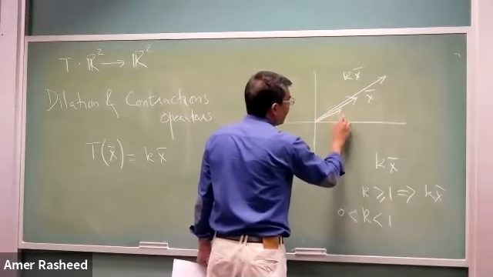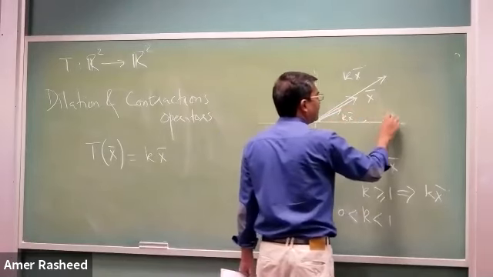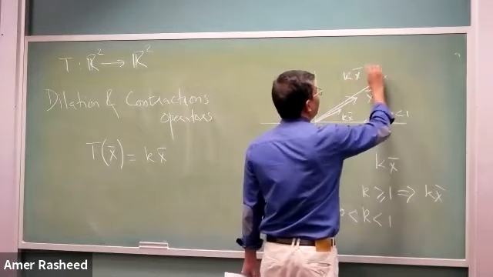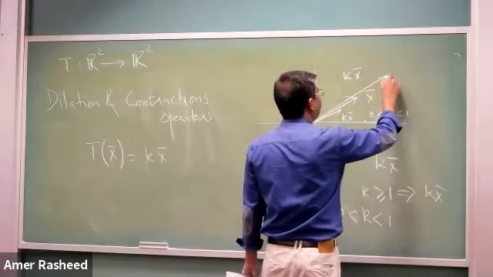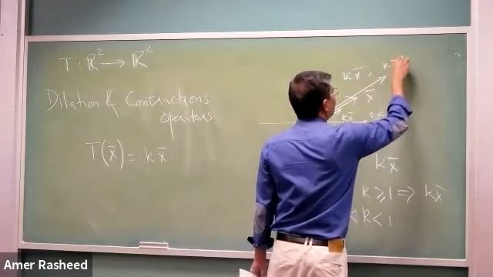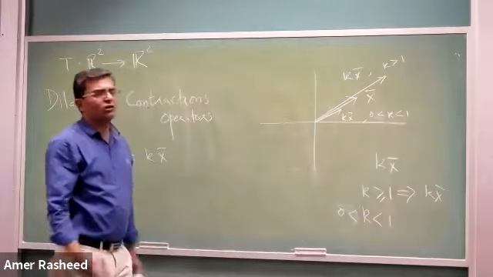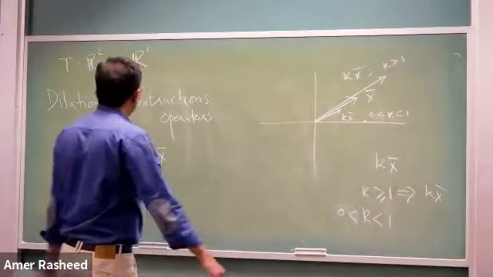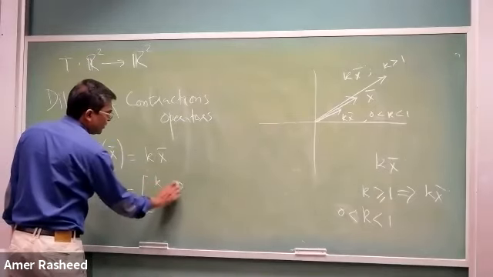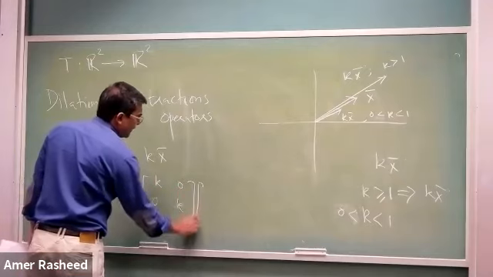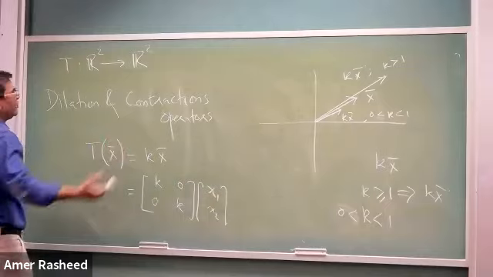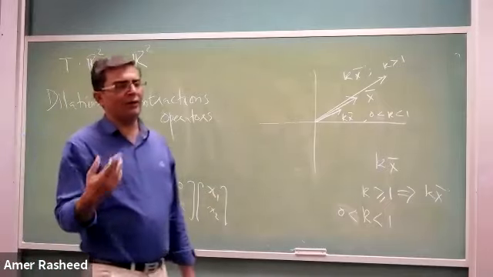And this will expand or dilate the vector where k is greater than 1. If k is equal to 1, it will change nothing, obviously. So in that case, the standard matrix would be [k, 0; 0, k] times (x1, x2) in R2. This will be your contraction or dilation operator depending on the value of k.